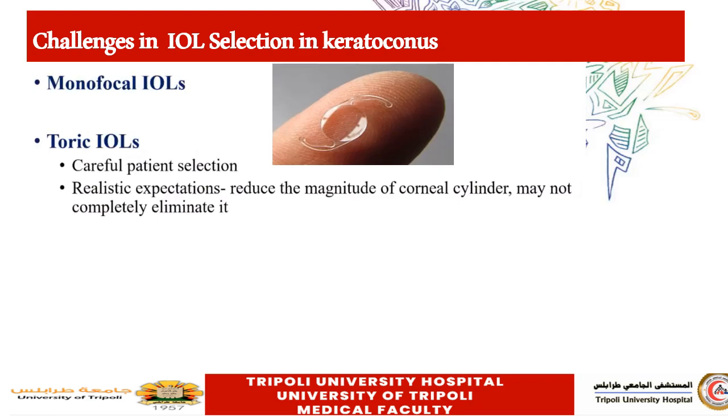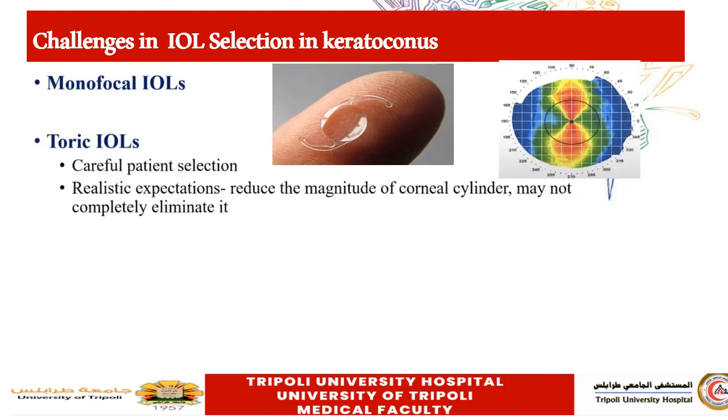However, the option of toric lenses is still there, provided the patient has regular astigmatism within the central 4.5 millimeter, as can be seen by corneal topography. For example, in this patient, you can see a very clear symmetric bow tie appearance within the central 4.5 millimeter.